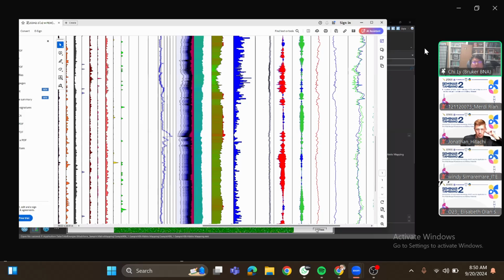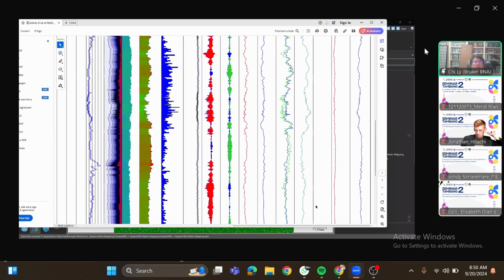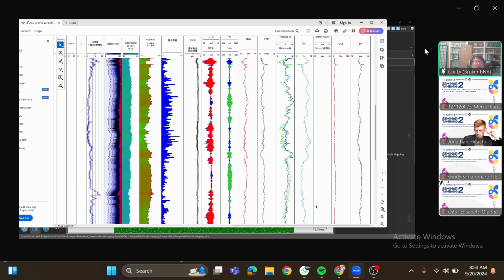And so you can actually start using it to do some predictions of your gas via your shear velocity, your compressional velocity, and from there, Young's modulus and Poisson's ratio. So there's a lot of versatility in the data that you get from this single analysis.